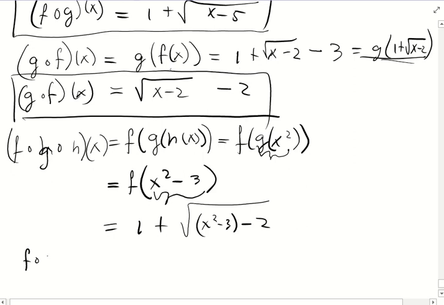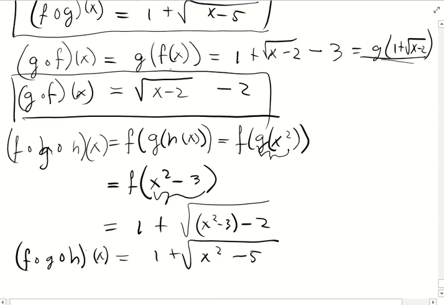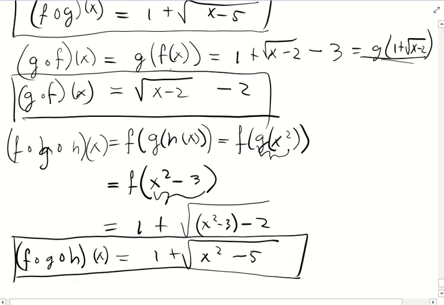So we can now solve for the composition f composed of g composed of h of x. So this will be 1 plus the square root of x squared, negative 3 minus 2 is negative 5. So this is f of g of h of x, or f composed of g composed of h of x.